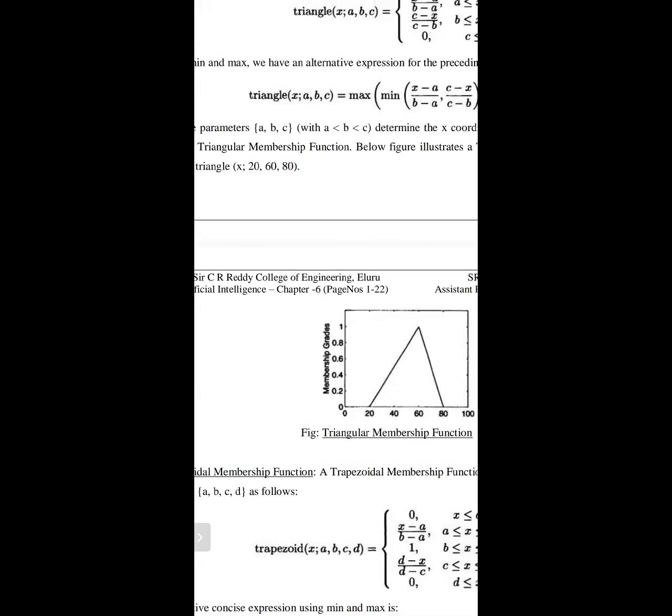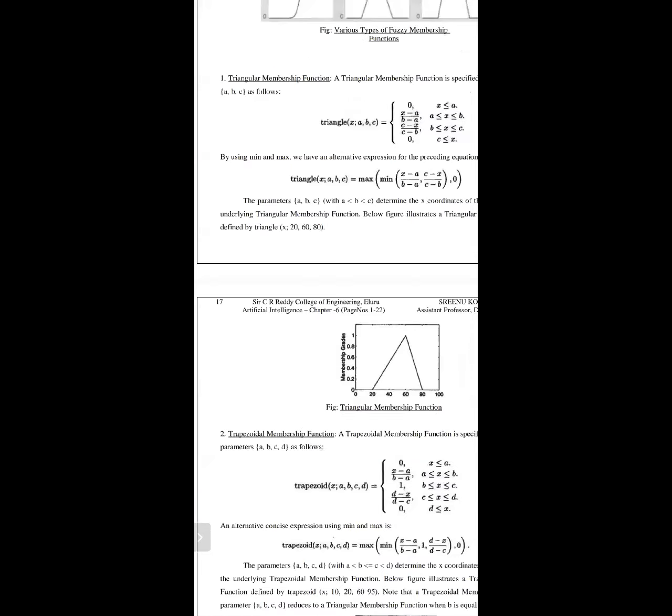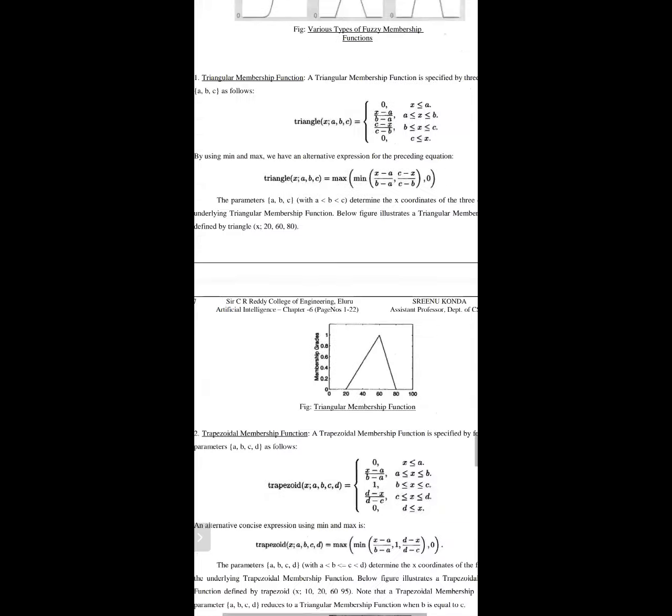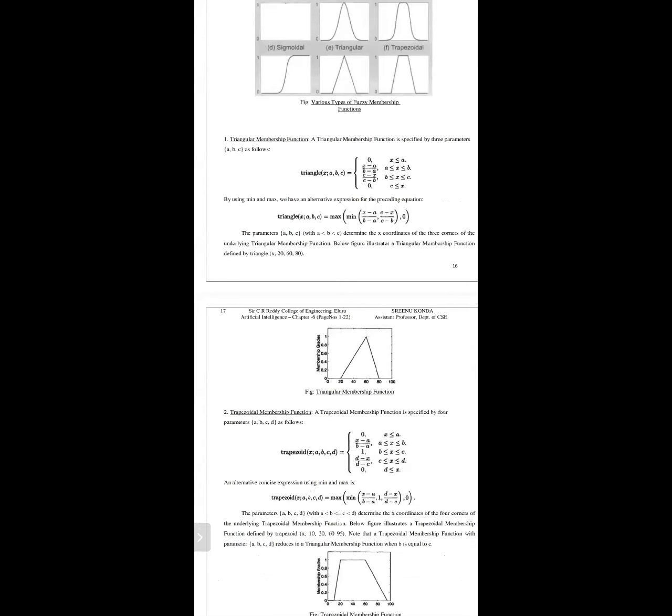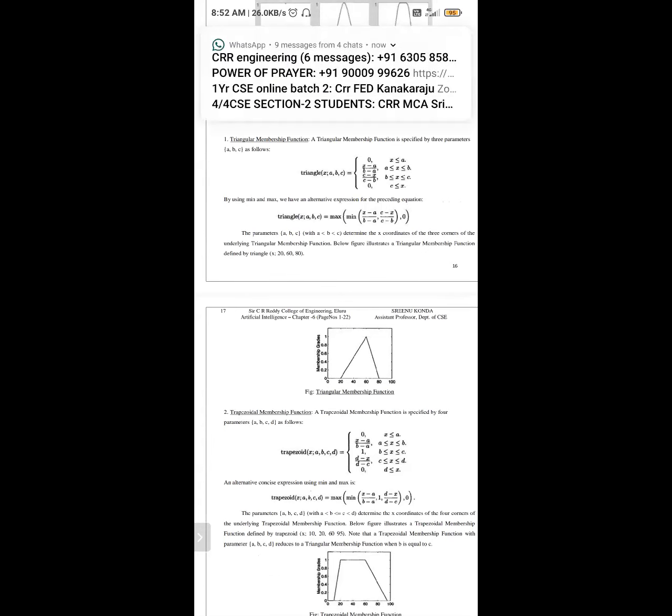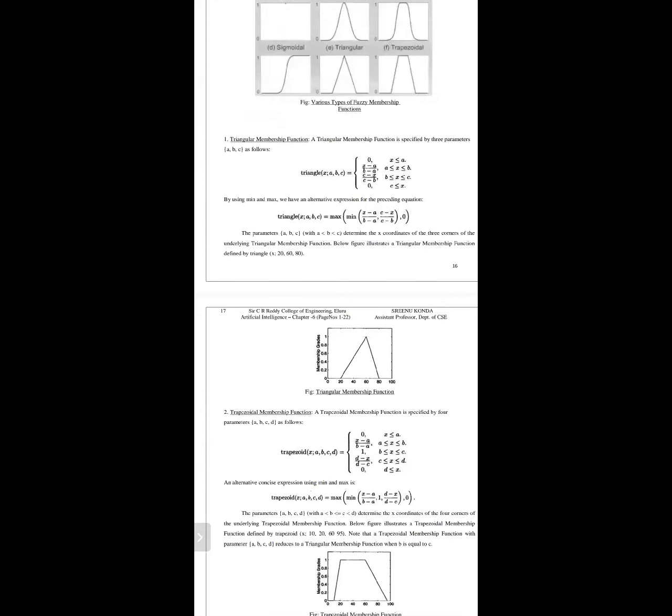Right. Next one is the trapezoidal membership function. This is the formula for the trapezoidal membership function. It is defined with the four parameters a, b, c, d. So now we can define trapezoid of x, a, b, c, d equals 0 when x is less than or equal to a.